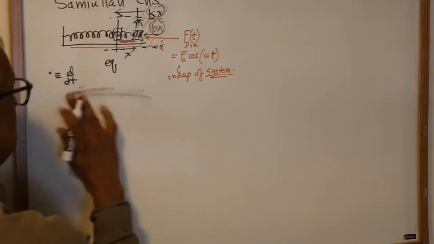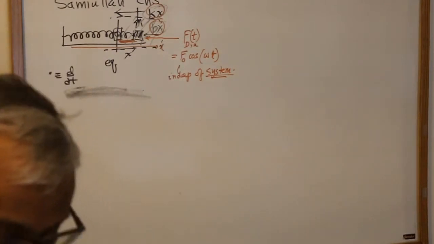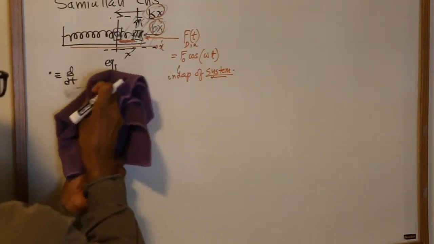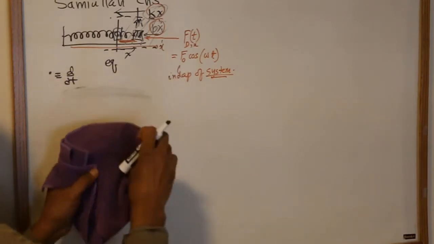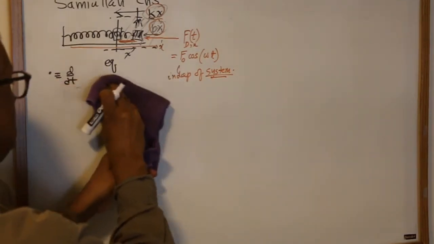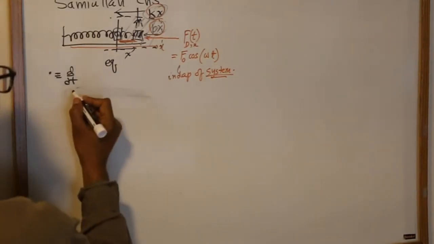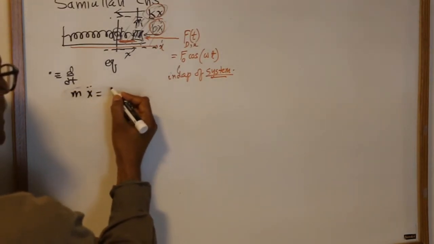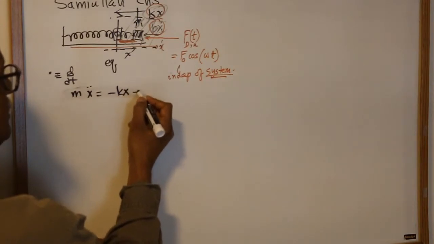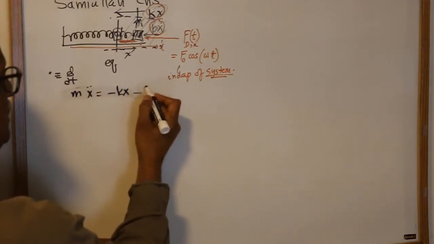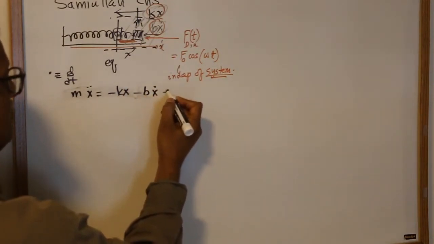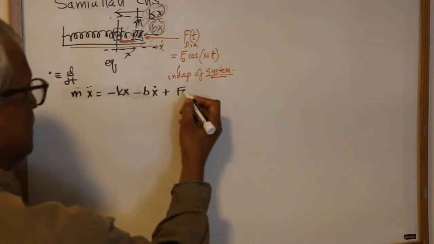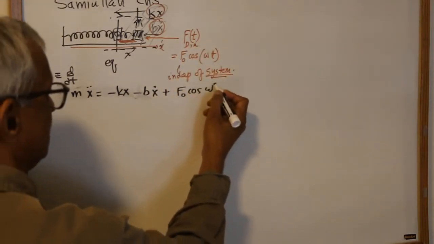Maybe write it in two steps. So mass times acceleration is equal to minus kx minus b x dot plus this force f0 cosine omega t.